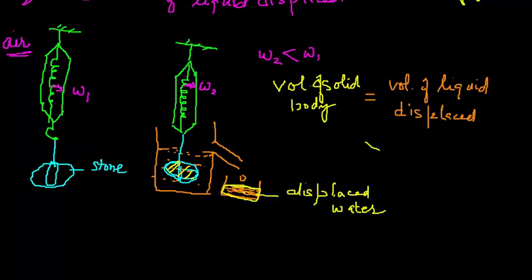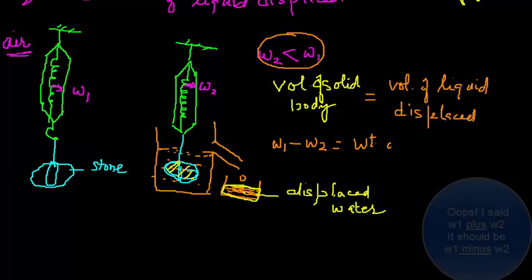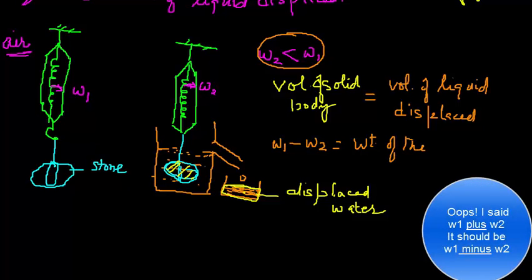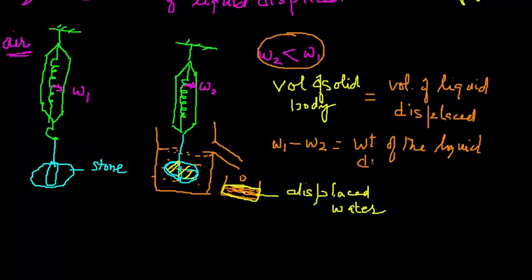Moreover, here we see that because of the upthrust or buoyancy, W2 is less than W1. So this difference in weight, W1 minus W2, is equal to the weight of the liquid displaced.